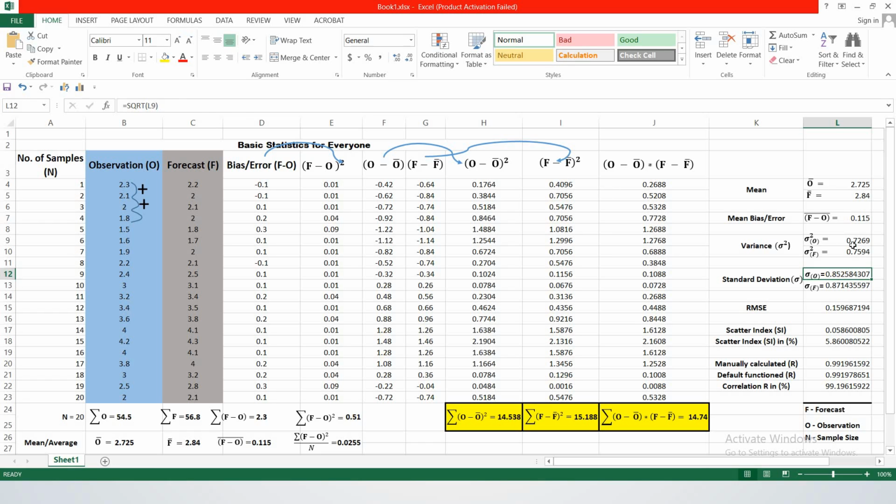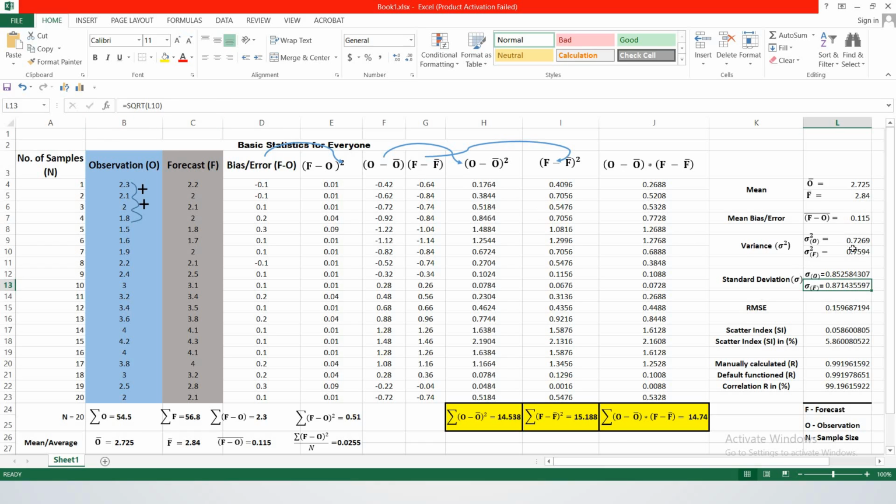What is L9? L9 is nothing but the variance of the observation data, right? So if I apply the square root to that variance, I will get the standard deviation for the observational data. In the same fashion, I also computed the standard deviation for the forecast data, that is nothing but the square root of L10.